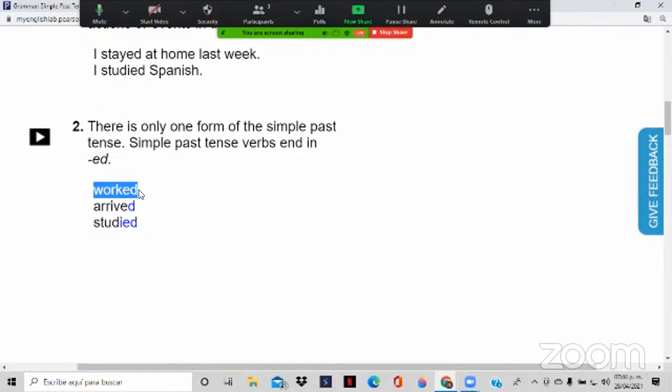Empieza como un gusano, una larva y termina volando. Para los verbos regulares todos terminan con ed y hay tres pronunciaciones, de las cuales dos son las que más se utilizan. Por ejemplo, esta, que es con la letra T, worked, y la última, arrived, studied, id, ¿ok?